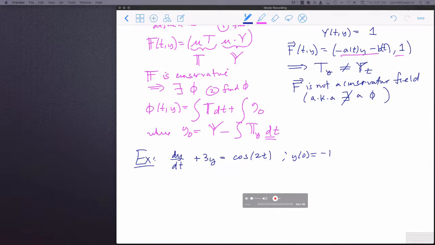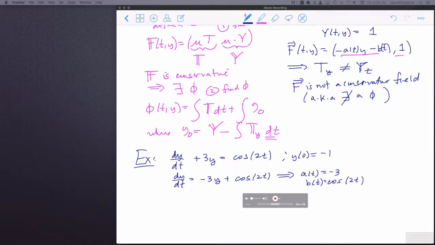Now we can see here that dy/dt, we need to put it into the correct form. This is -3y plus cosine of 2t. Which implies that our function a(t) is equal to -3 and our function b(t) is cosine of 2t.